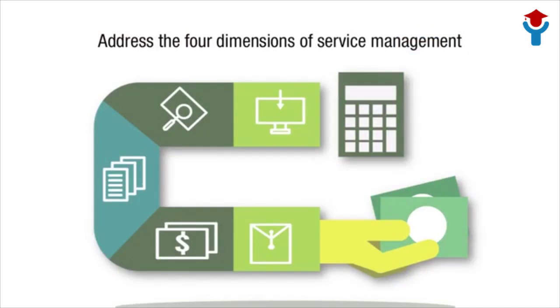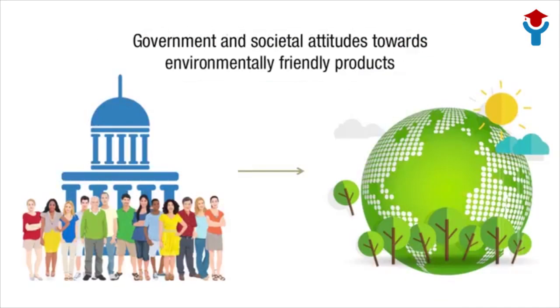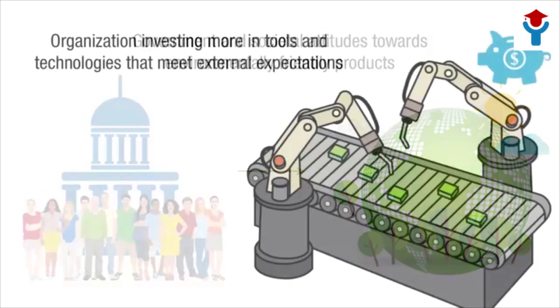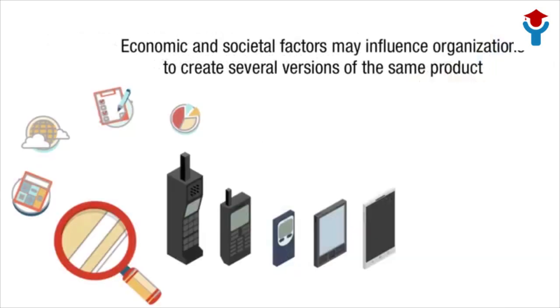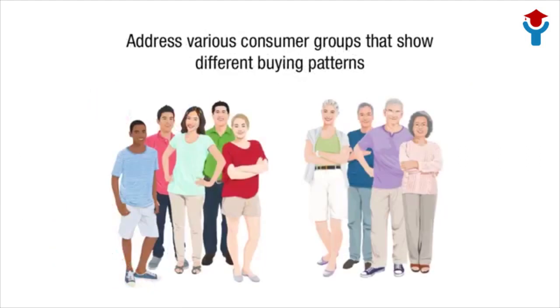For example, government and societal attitudes towards environmentally friendly products and services may result in the organization investing more in tools and technologies that meet external expectations. Economic and societal factors may influence organizations to create several versions of the same product to address various consumer groups that show different buying patterns.